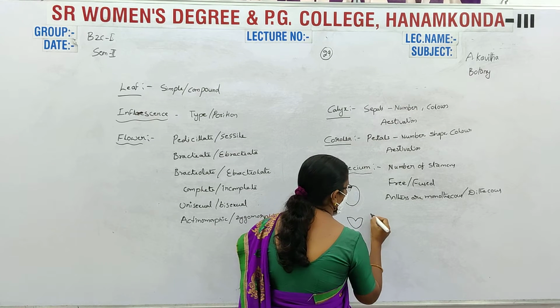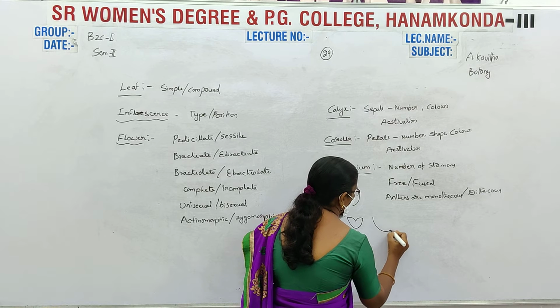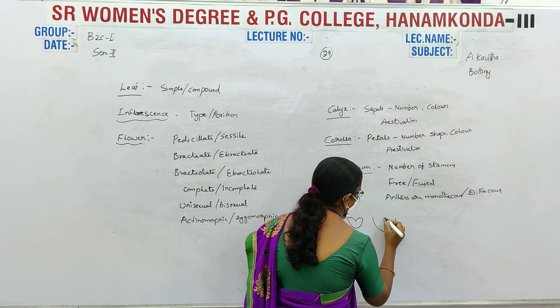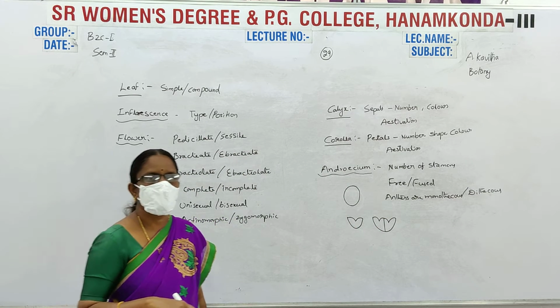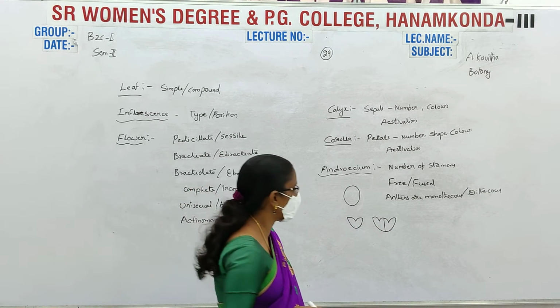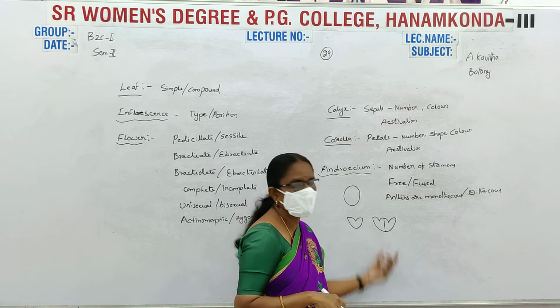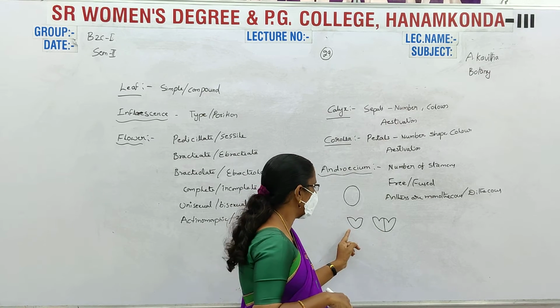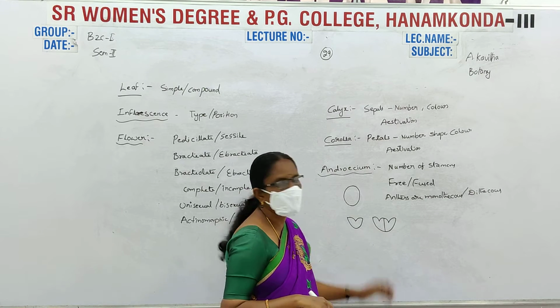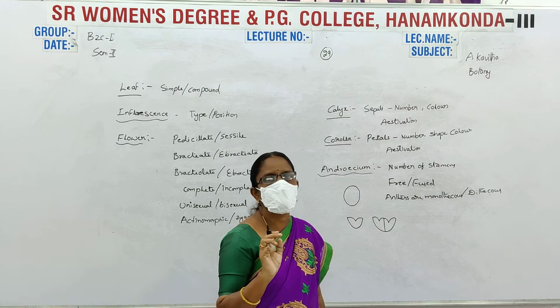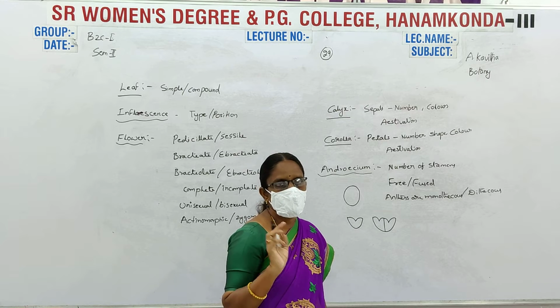In a dithecous anther, for example, this is the dithecous anther. It is tetrasporangiate, 4 sporangia are present. In dithecous anthers, 2 lobes are present, and each lobe consists of 2 microsporangia.